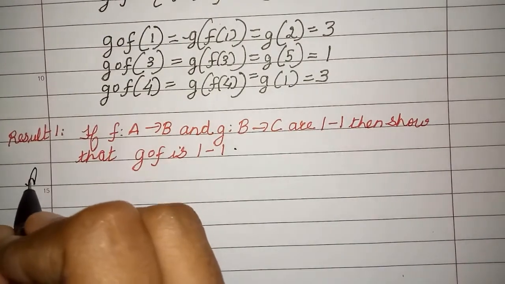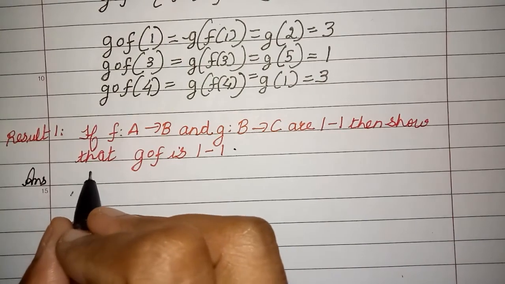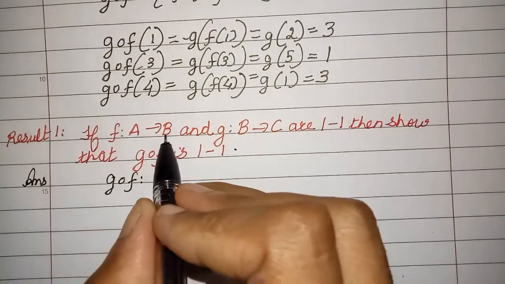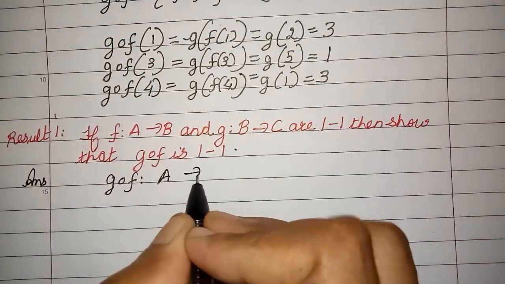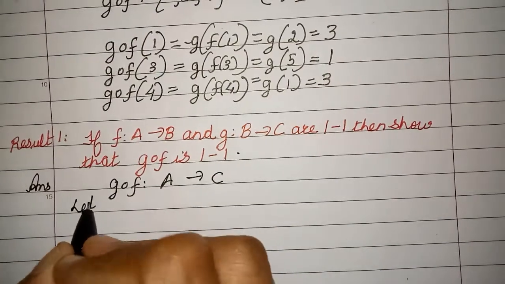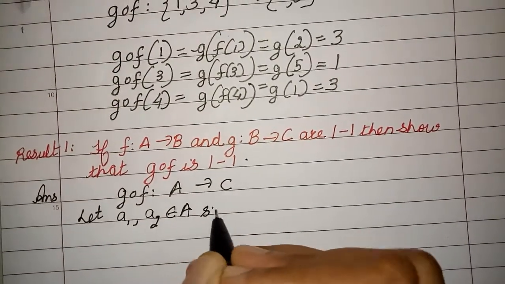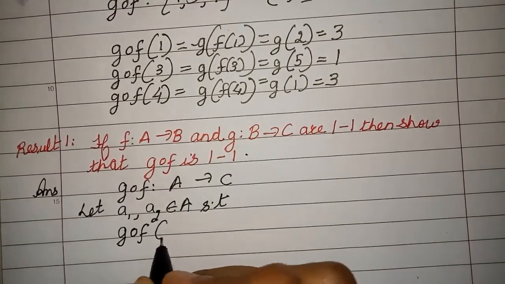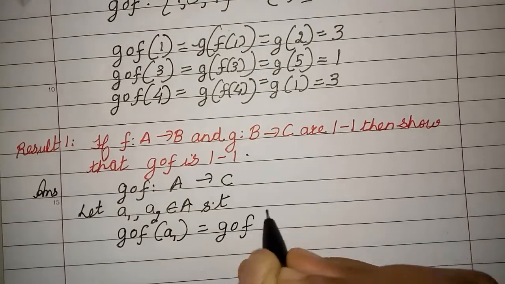So let us start with the usual way of proving it. I will apply the definition of g composite f. Since the codomain of f and the domain of g are the same, B, it goes from A to C. Let a1, a2 belong to A such that g composite f of a1 is the same as g composite f of a2.